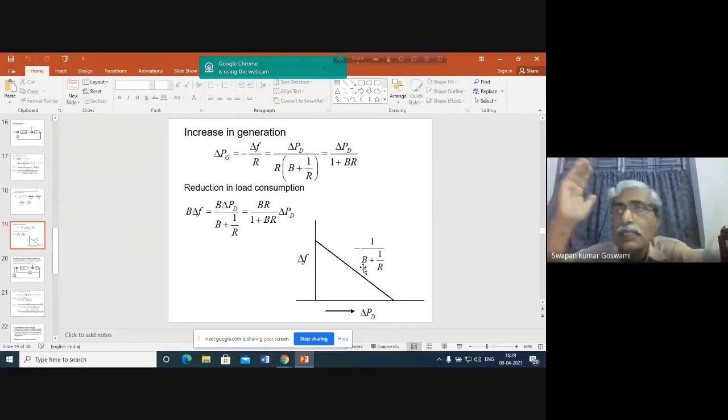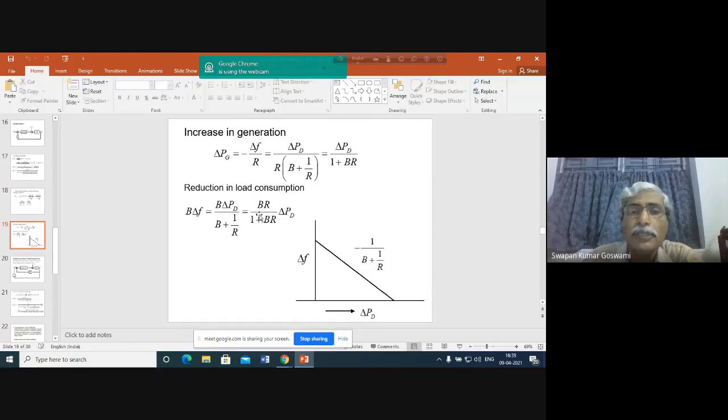That means as the new load is switched on, frequency will actually decrease. As the load increases, frequency will decrease. As the load decreases, frequency will increase. So this indicates that frequency cannot be kept constant by the system if this particular operation is maintained.